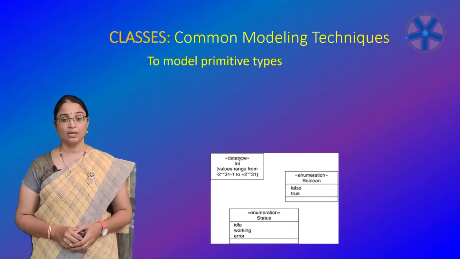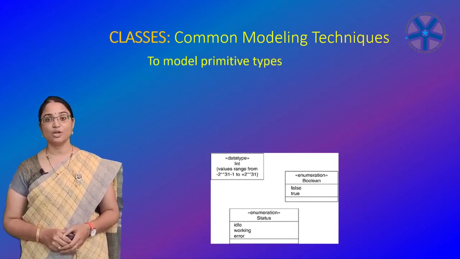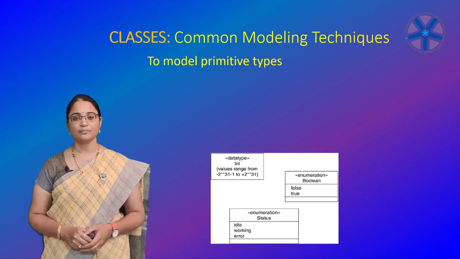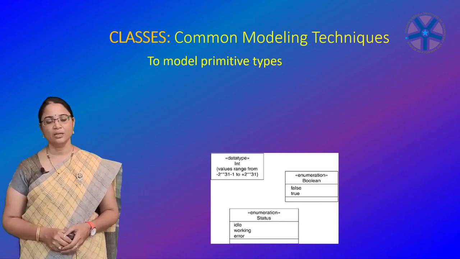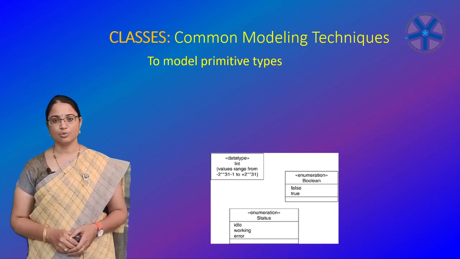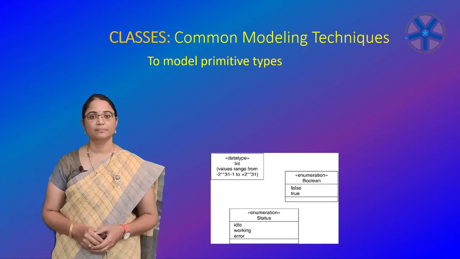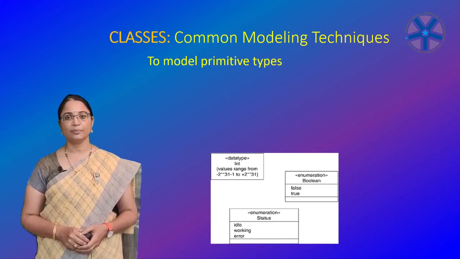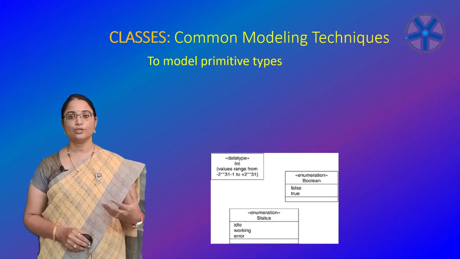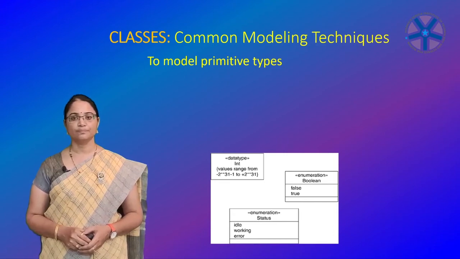Coming to the next common modeling technique, that is modeling primitive types. So what are primitive types? Predefined data types that can be done by using these classes only. So let us see in detail. At the other extreme, the things you model may be drawn directly from the programming language you are using to implement a solution.